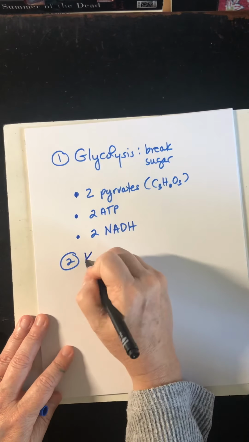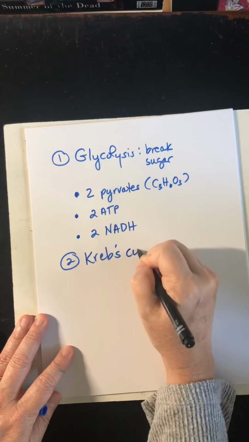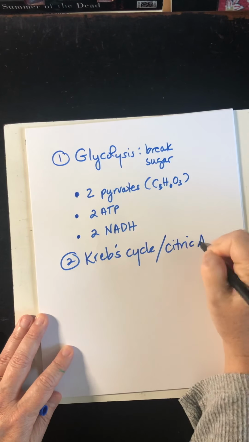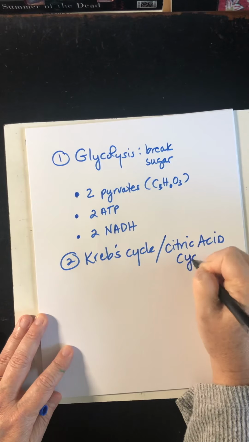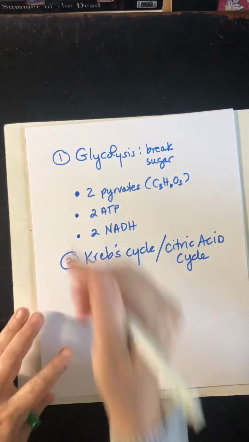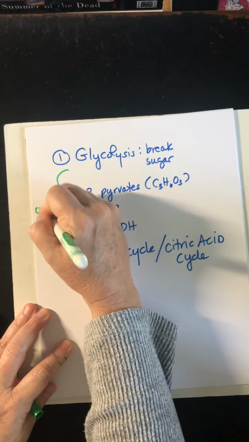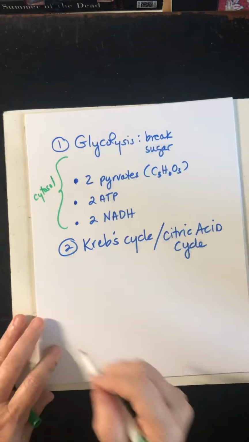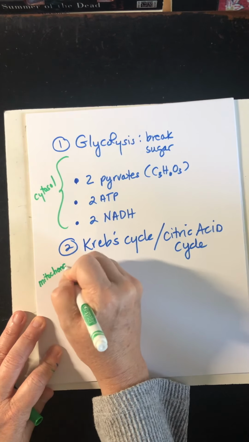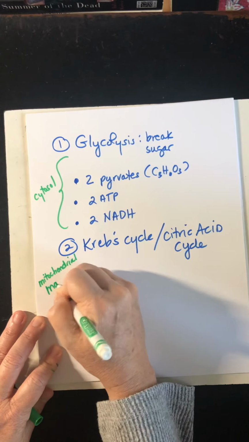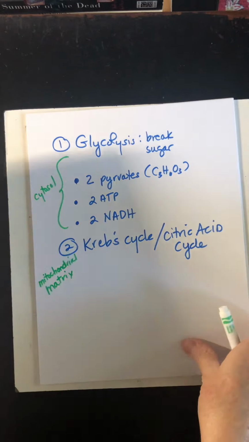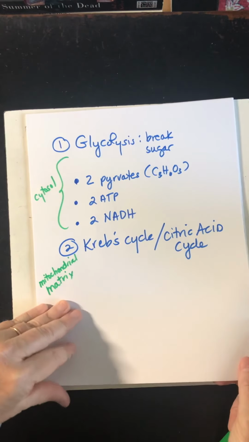And step 2 is called Krebs cycle or citric acid cycle. Okay, so now glycolysis was occurring in the cytosol. Krebs cycle is now going to happen in the mitochondrial matrix. I'm going to draw a little bit bigger mitochondria so that you can see what happens in Krebs cycle.